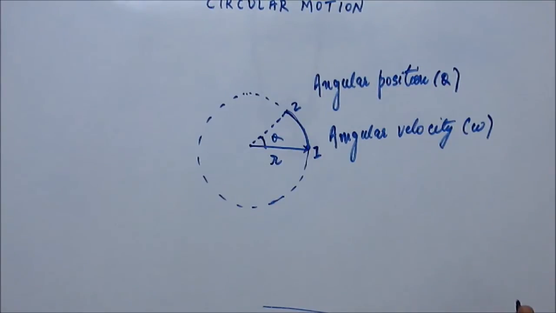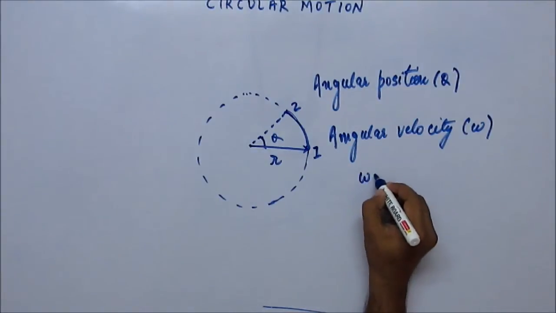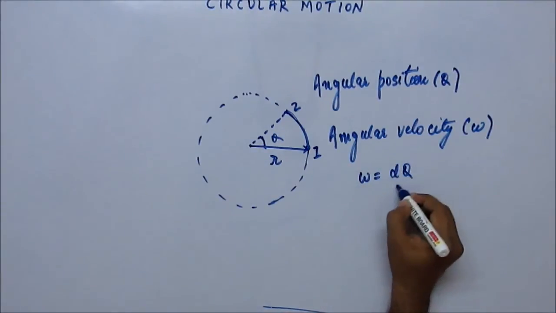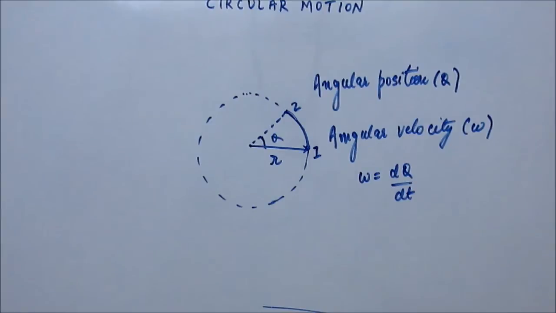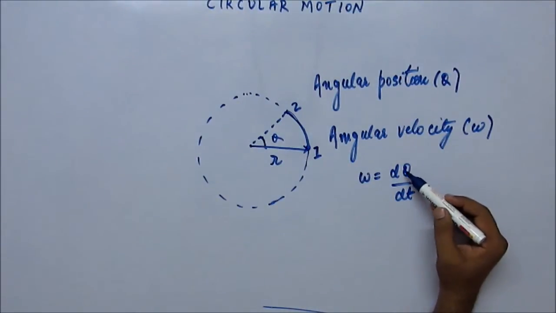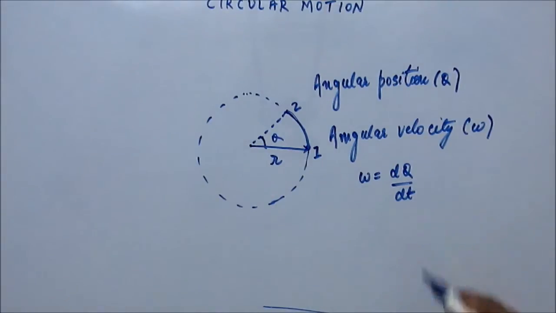In angular terms, this definition will be the same, except for position you will have angular position. So omega is the rate of change of angular position. Omega is d theta by dt, as we had v is equal to ds by dt. Change in displacement per unit time becomes change in angular displacement, or change in angular position, per unit time.